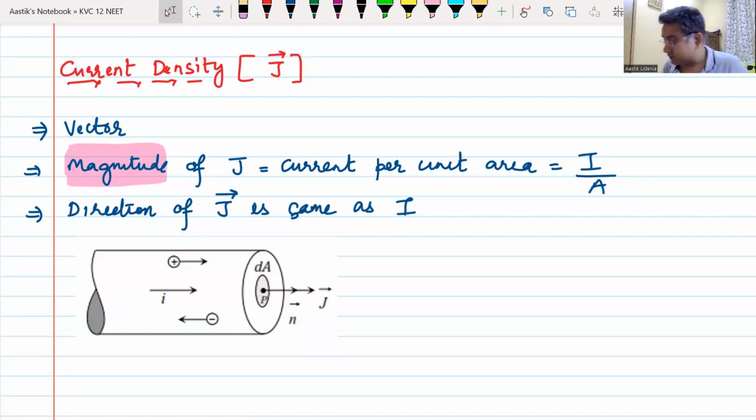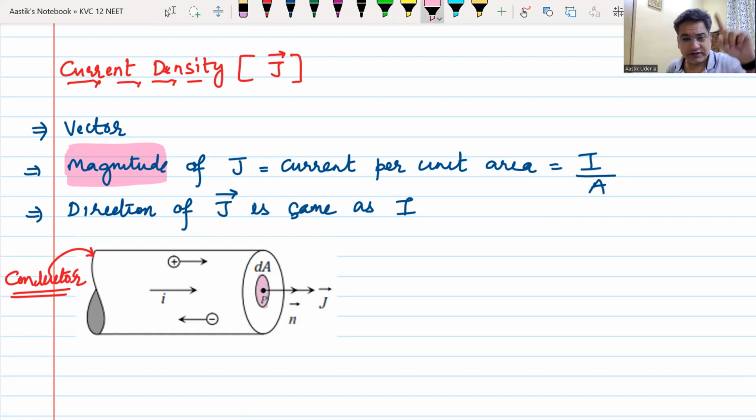What we see here is current flowing in a conductor. This thing that you see is a conductor, and you can see current flowing through it. You take a small area, this pink area.